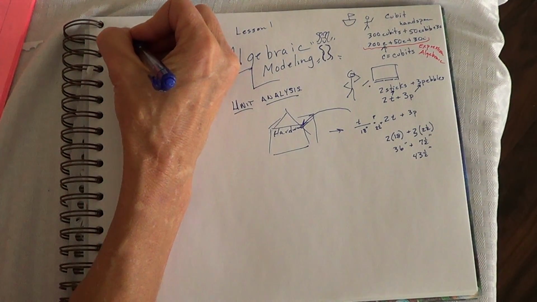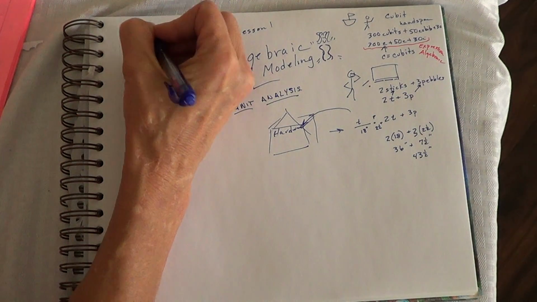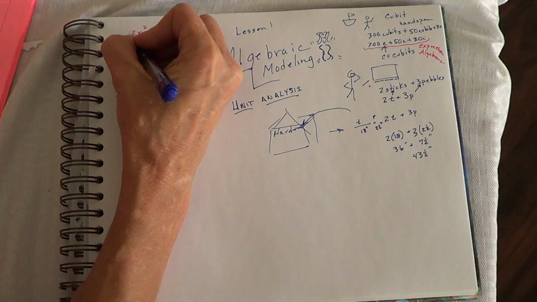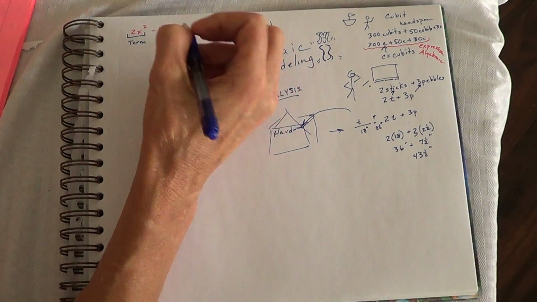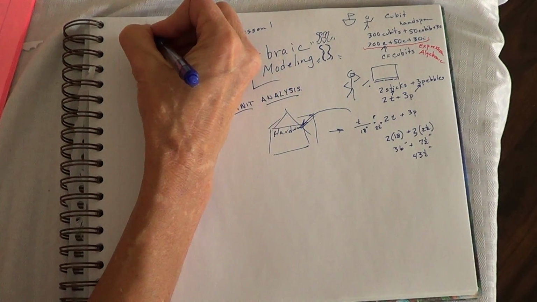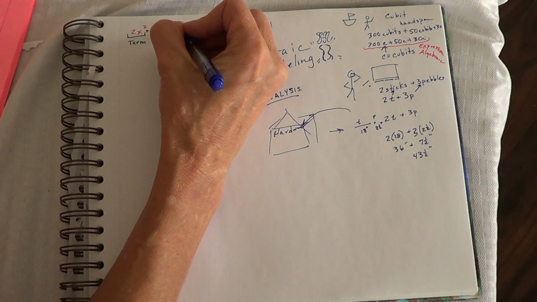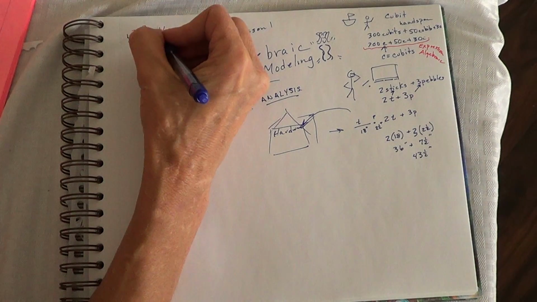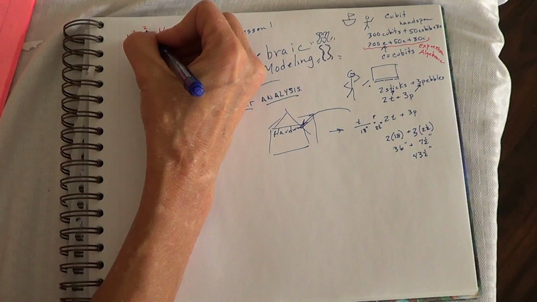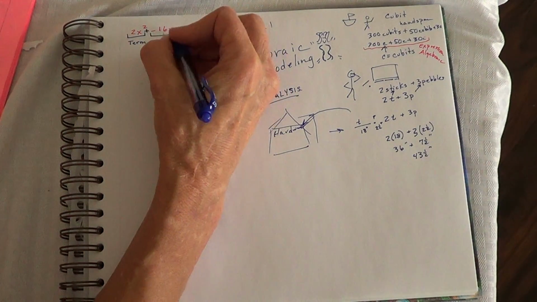This entire thing is called a term. Terms are easily seen when we put a plus between everything. Now this one already has a plus, but on this one it was important to slip the plus in front of the minus because that minus is attached to the 16.